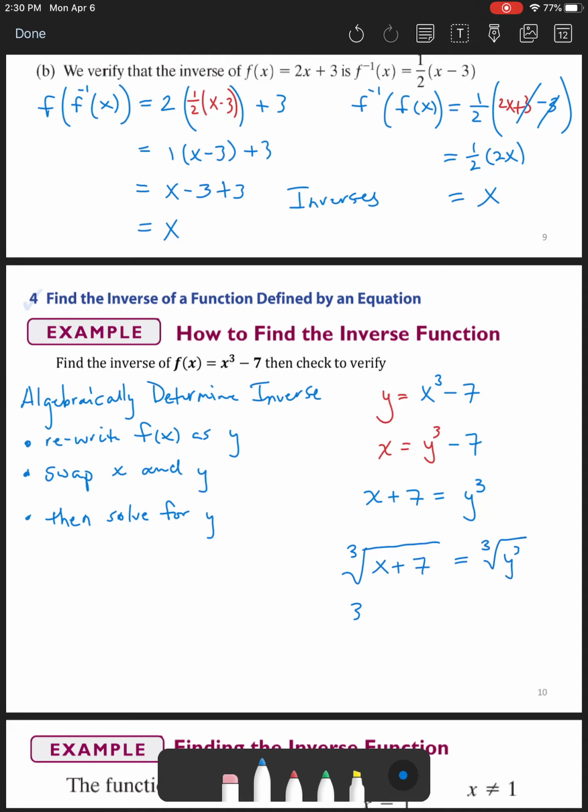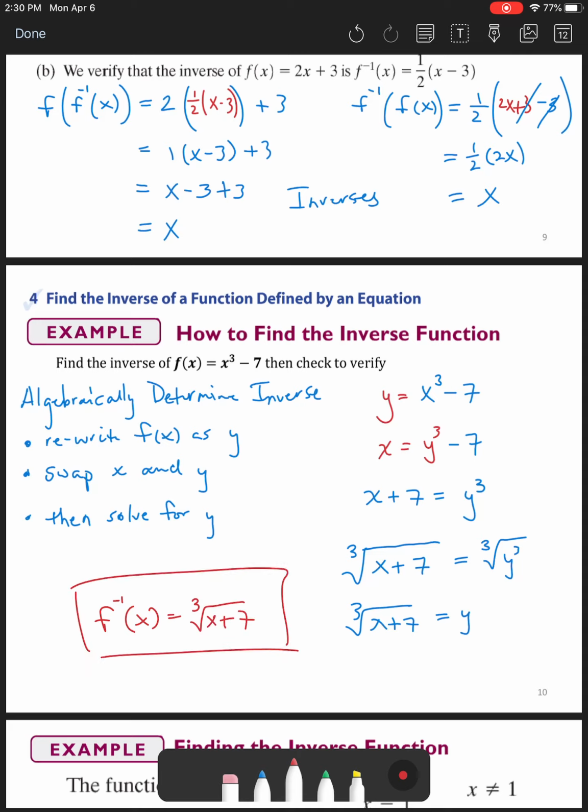So we have cube root of x plus 7 equals y. We got the y by itself, so our inverse function is f inverse of x equals cube root of x plus 7.